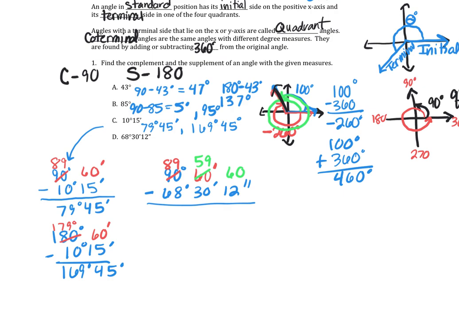So if I subtract, I'm going to get 48 seconds. 59 minus 30 would be 29 minutes. And 89 minus 68, if I subtract those, I get 21 degrees. So there's my complement. Let's write that in the first position: 21 degrees, 29 minutes, and 48 seconds.